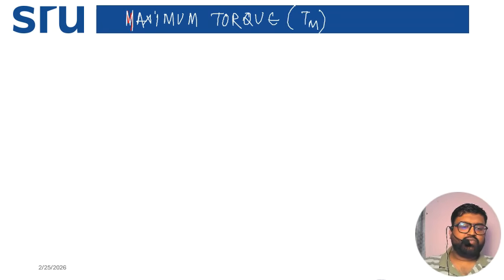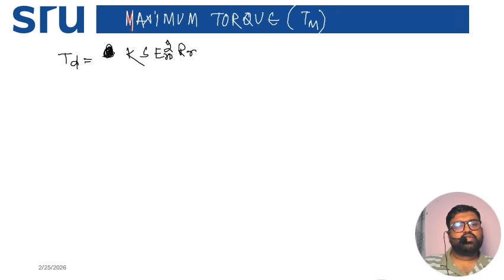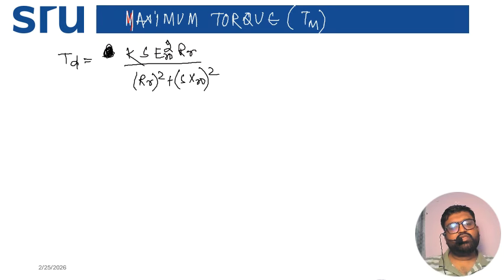First we write the formula of the torque developed, which is equal to 3 into K into S into Er0 square into Rr, divided by Rr square plus S into Xr0 square. This is the fundamental formula we know.